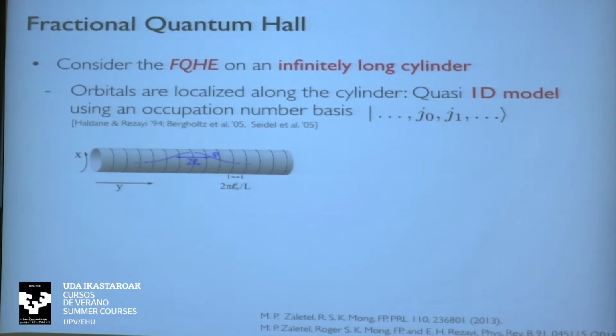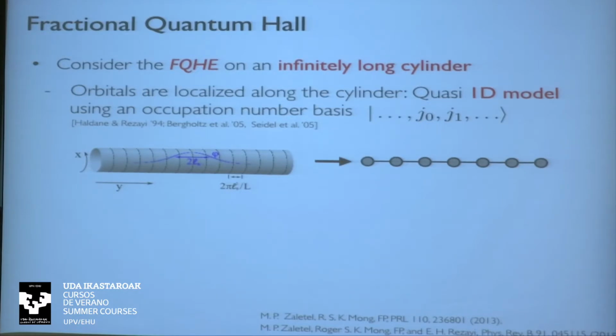In particular, when we consider fractional quantum Hall systems not in the really two-dimensional limit, but instead put them on the surface of a cylinder of a certain finite circumference, then we can effectively map them to a one-dimensional system.